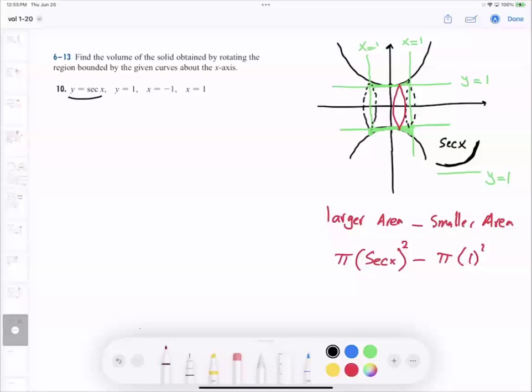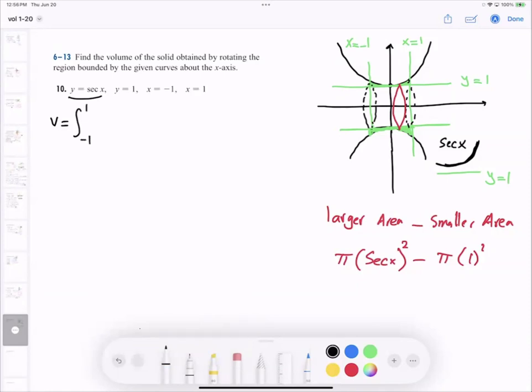So now for the volume itself. The volume is the definite integral, but what are the boundaries for your x? x ranges between -1 and 1. So your x starts from -1 and ranges to +1. So let's continue. -1 to 1.